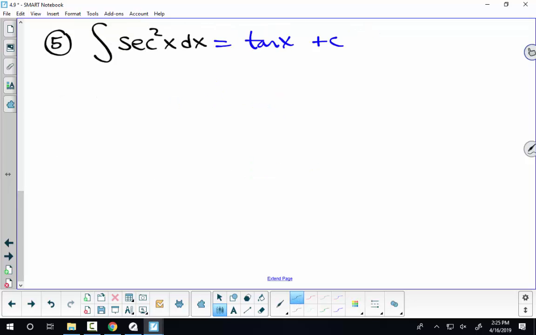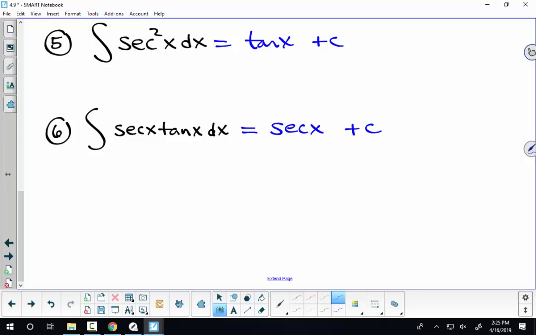So the antiderivative of secant tangent with respect to x would give us secant. So, all of these, going this way is the antiderivative. Going this way is the derivative.